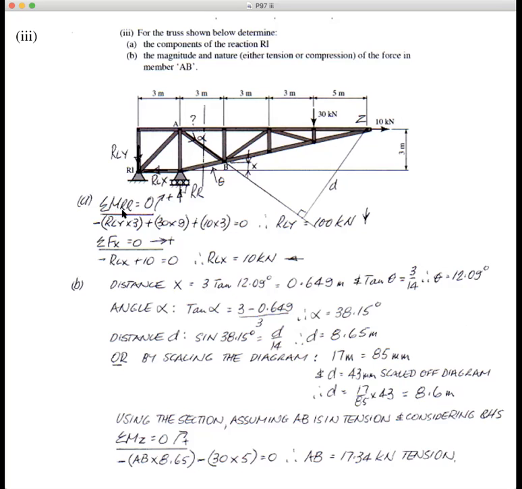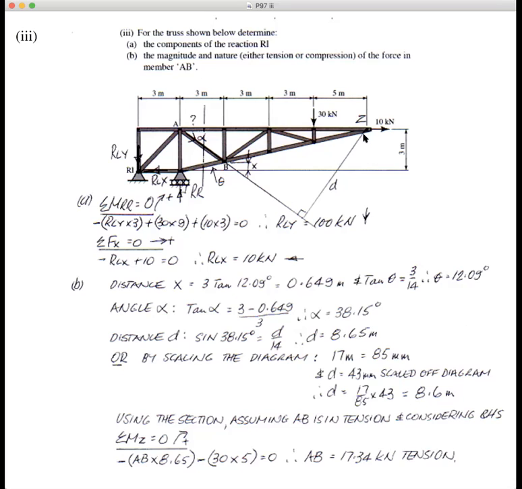So we're taking moments about RR with clockwise positive. So we've got RLY times 3. So we've got that multiplied by that perpendicular distance, and it's going anti-clockwise, so it's negative. Plus, we've got 30 times 9. So you've got 30 times 3, 6, 9. And that's going clockwise.